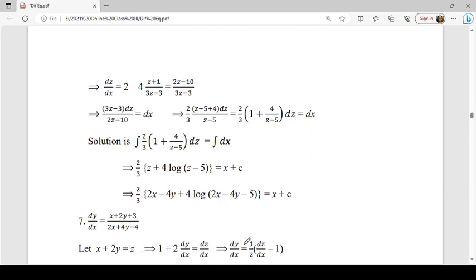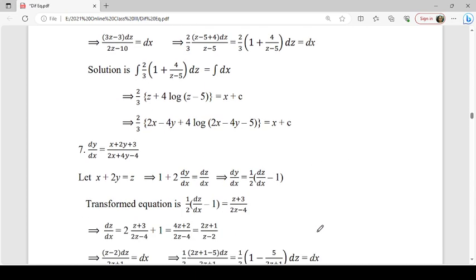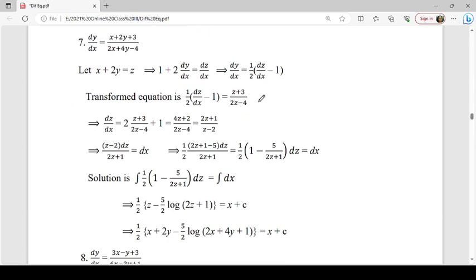After simplification, dy/dx in terms of dz/dx is this one, then dz/dx is this, and the variables are separated, and we solve this. After getting the result in terms of z, we again substitute z equals x plus 2y. This is 2z, meaning 2x plus 4y.